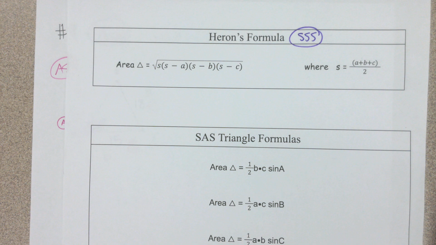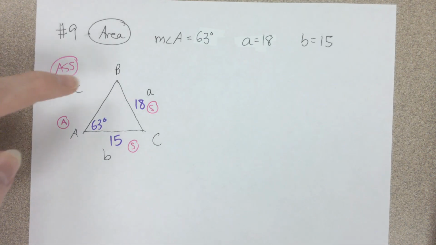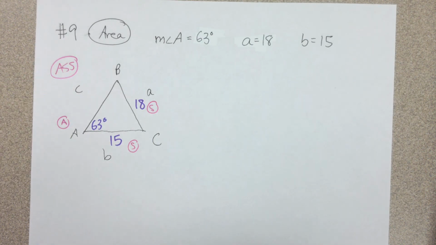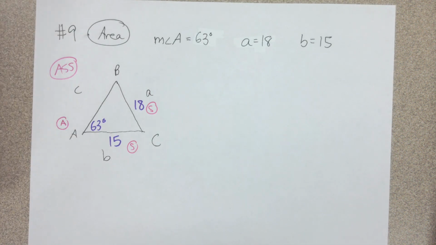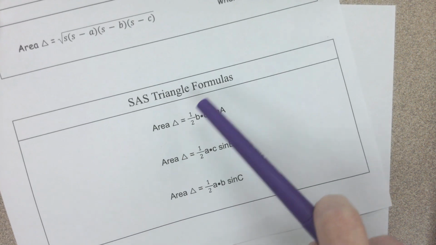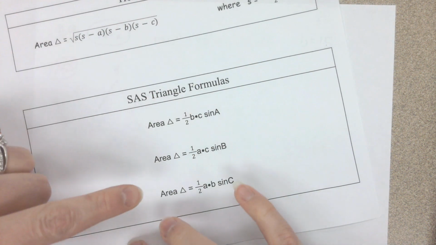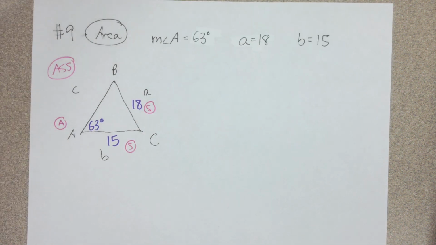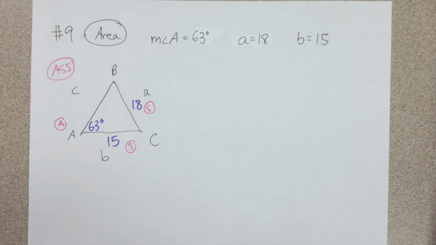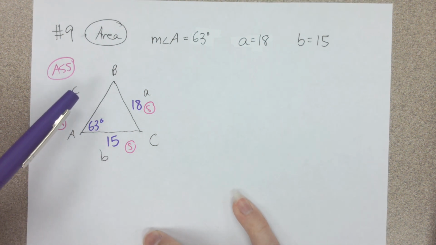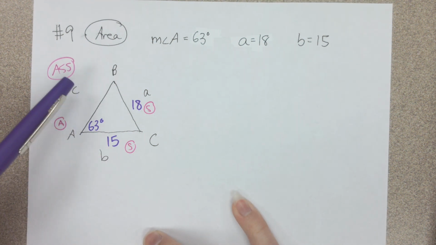So here's where you have 2 options. You can either find the third side and use it to use Heron's formula, or you need to find an SAS trio of information to use these formulas. So you would either need to find side C, because then that would create SAS.